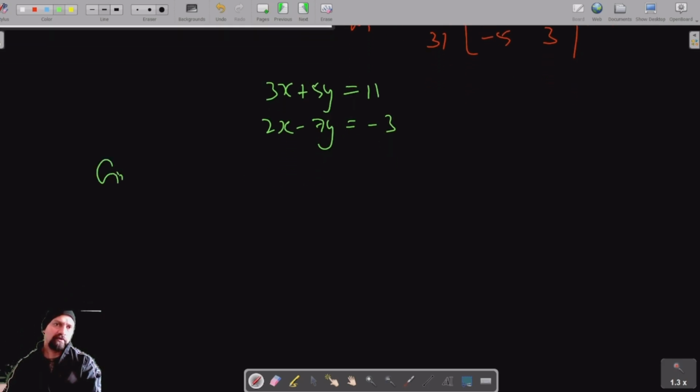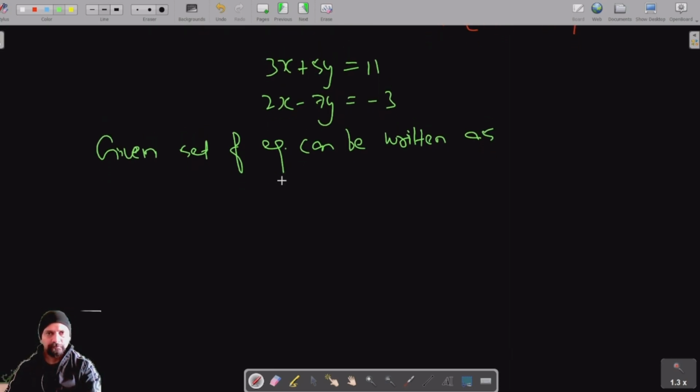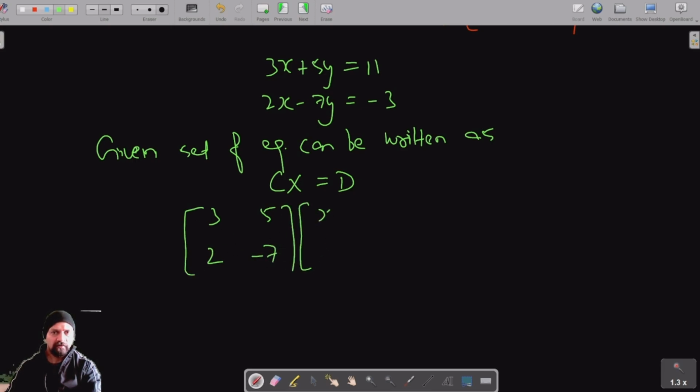So these equations can be written as CX is equal to D, where C is 3, 5, 2, minus 7, X is the variables x and y, and D is the constants, 11, minus 3.